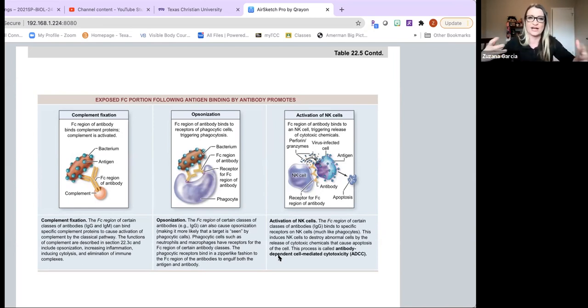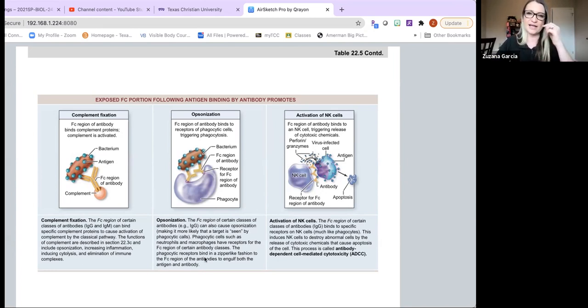Opsonization is where you attract immune cells like phagocytes, like macrophages or even dendritic cells. The exposed stem regions call for that macrophage to come over and destroy the pathogen.